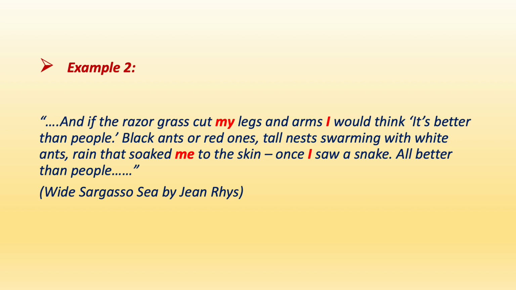So she employs here Antoinette or Bertha, or what we call the mad woman in the attic in Jane Eyre, to relate her own story, to give some justice to her hidden true character. So this is yet another example for first person narrator.